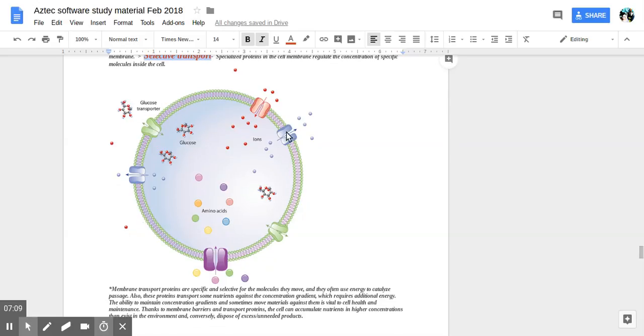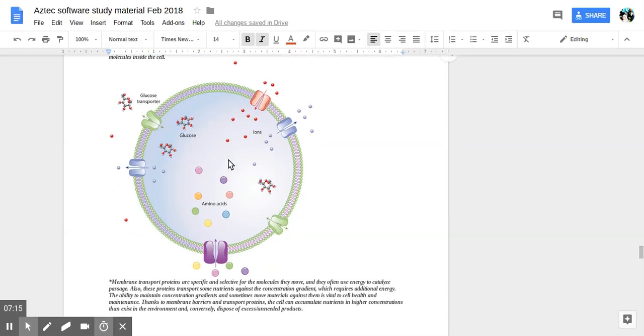These are channel proteins moving ions across channels into and out. So depending on the concentration gradients, these move, whether these molecules are needed inside or outside the cell. And here's showing amino acid movement as well across membranes.